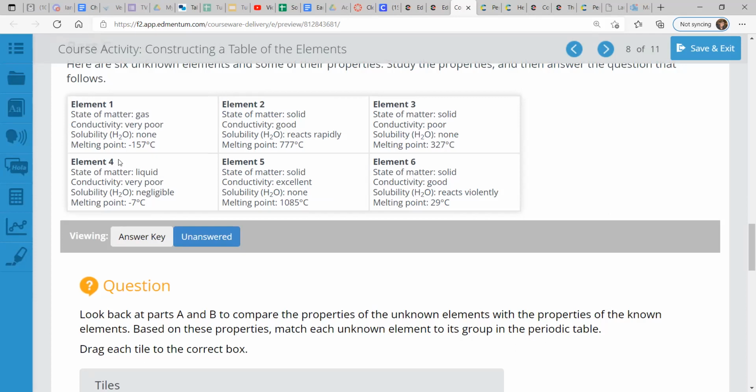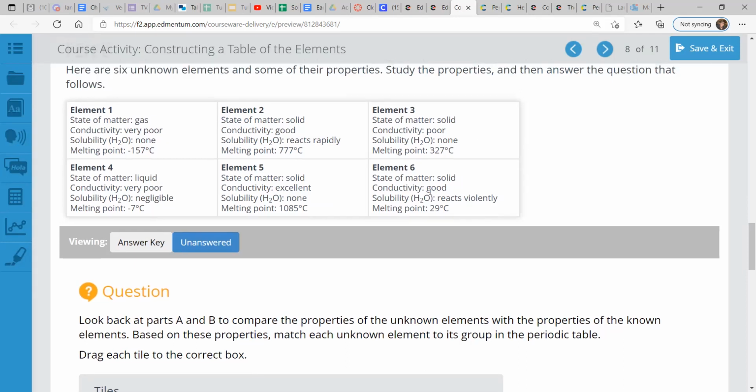So the first one I'm going to look at is the solubility with water. Element 2 reacts rapidly. Element 6 reacts violently. Okay.